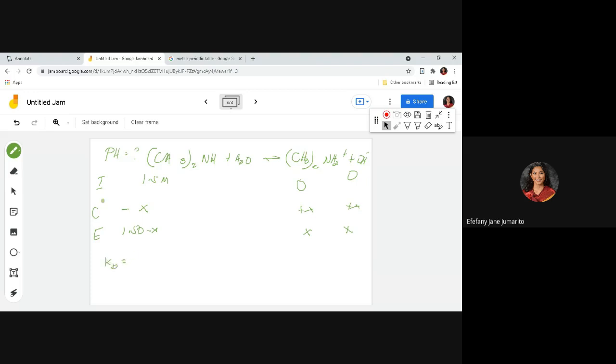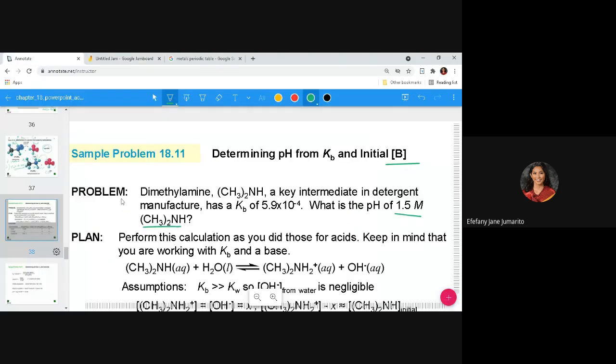Now we are given Kb, which is equal to 5.9 times 10 raised to negative 4.